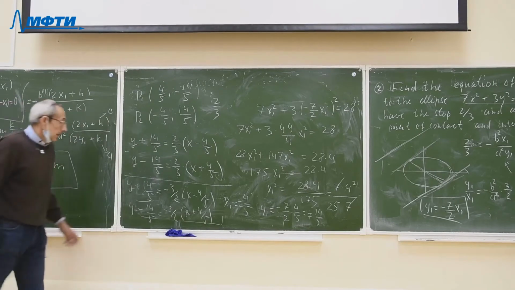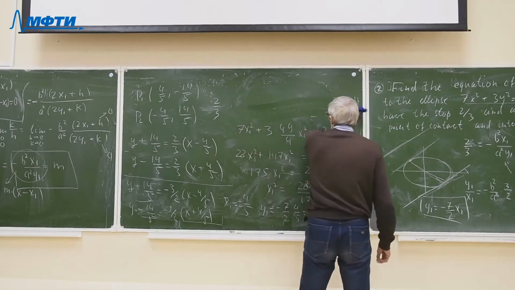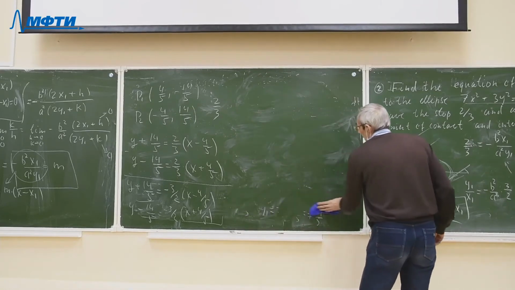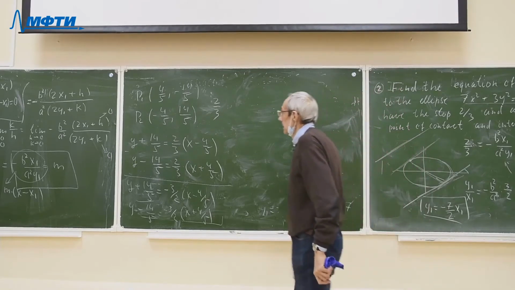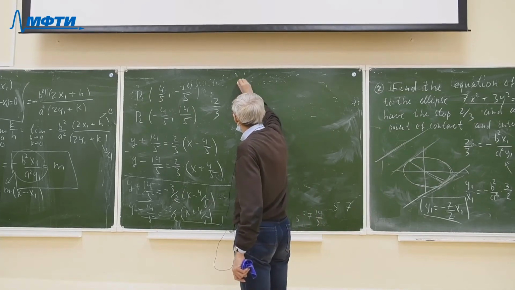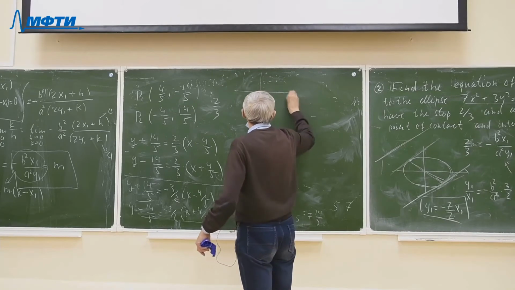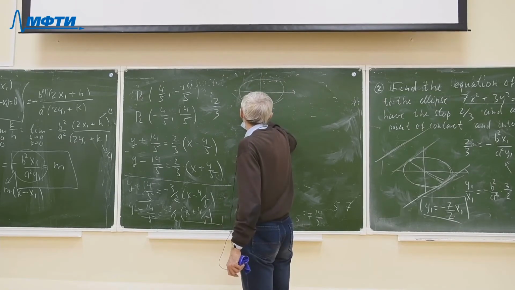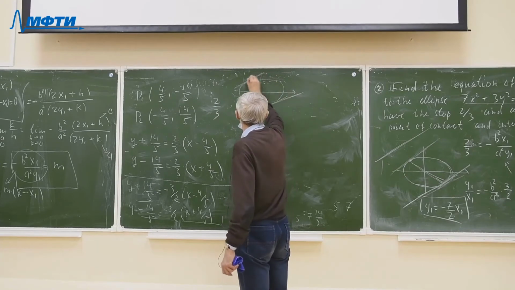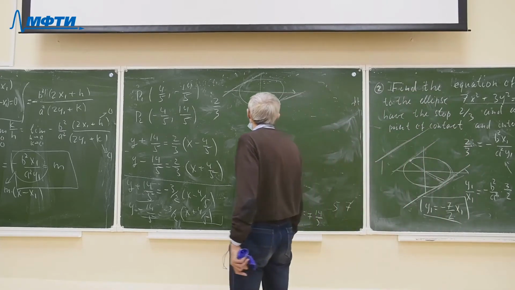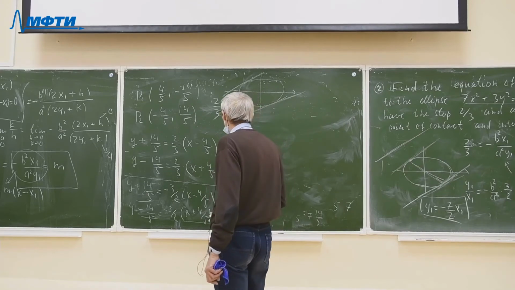equation. And we can also find the point of intersection of our tangent with x, with Ox, the symmetrical axis. Let's find first of this.